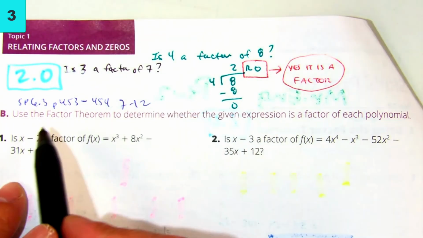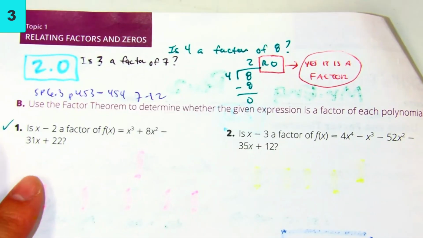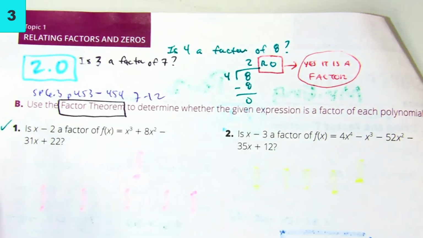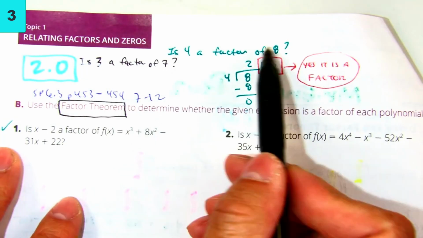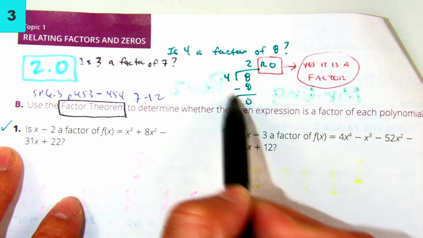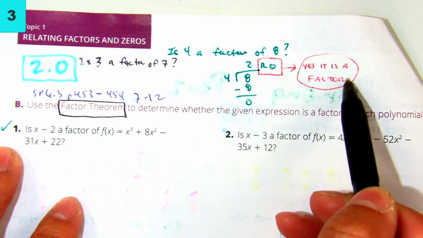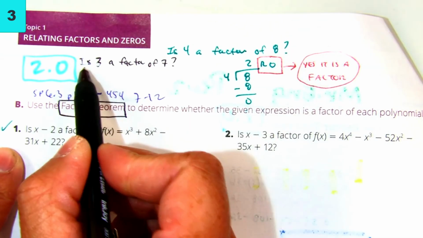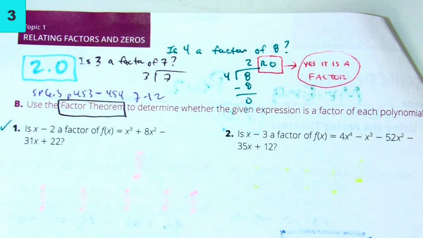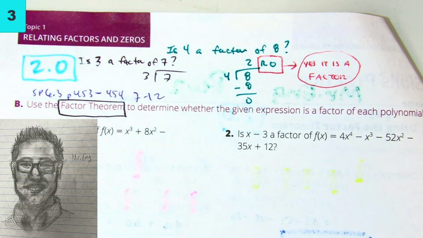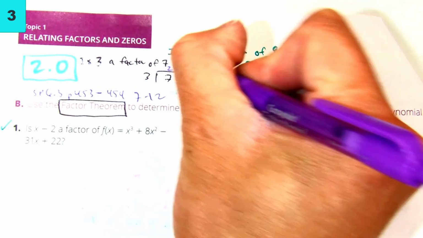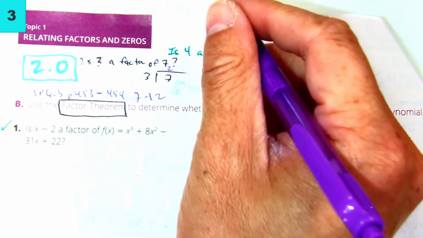Alright, so I'm trying to do an introduction here on what the factor theorem is, and I'm trying to use a basic math problem. Is 4 a factor of 8? We did 4 goes into 8 twice, multiply, then you subtract, and you get 0. Remainder of 0, yes, it's a factor. Then I said, is 3 a factor of 7? So 3 goes into 7 there. Elizabeth, how many times does 3 go into 7? 2 times 3 is 6.